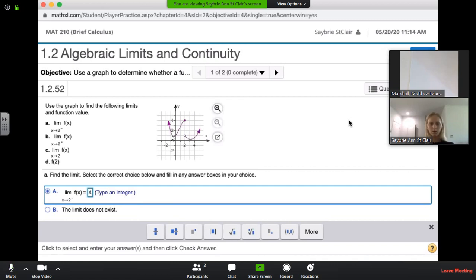And choice C, that 2 without any symbols, means you're approaching from both sides. The video I sent you explains this way better than I can. But this one's definitely 4.